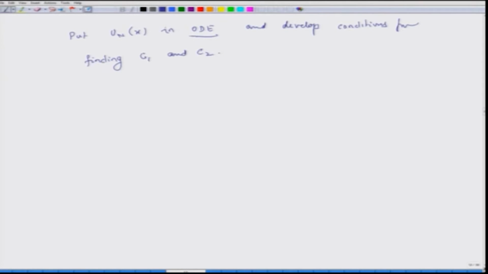Okay. So what I will do is, I will not do the detailed math, that is fairly straightforward, but I will write the result.